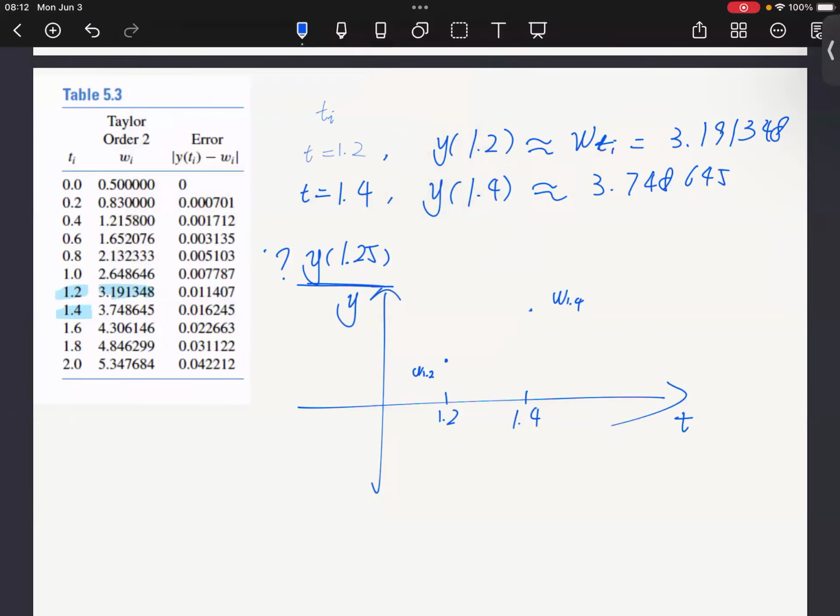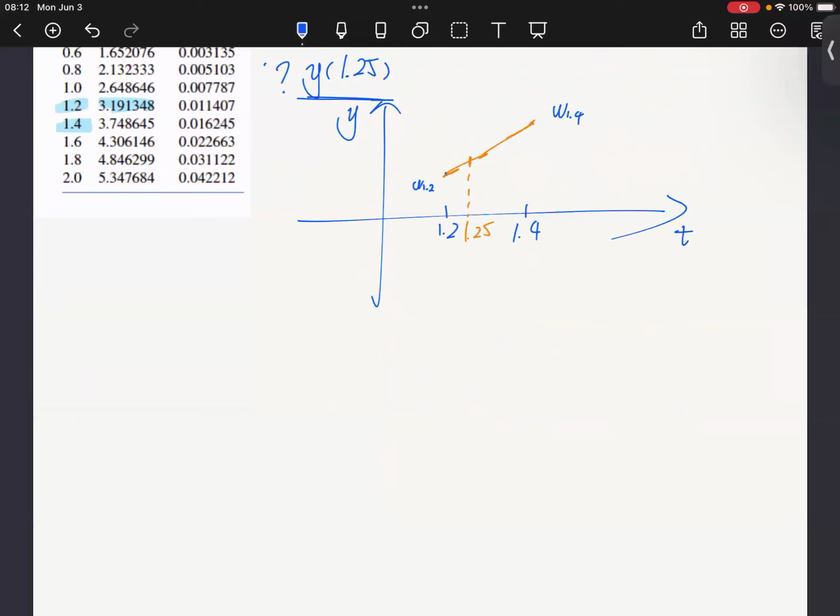You can use linear interpolation to get the value at 1.25, and I would like to remind you of the linear interpolation equation. You can use other formulas as well.